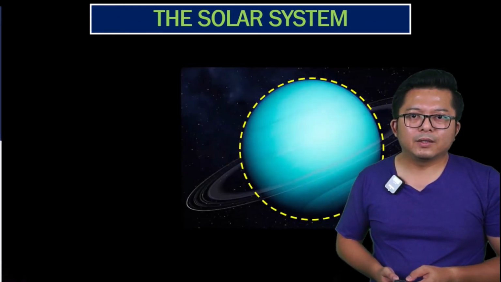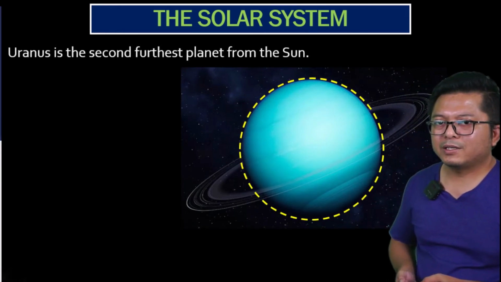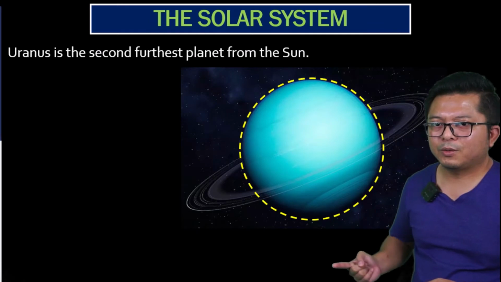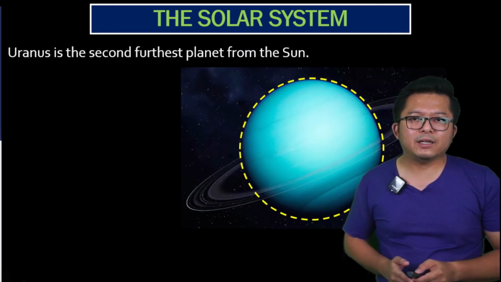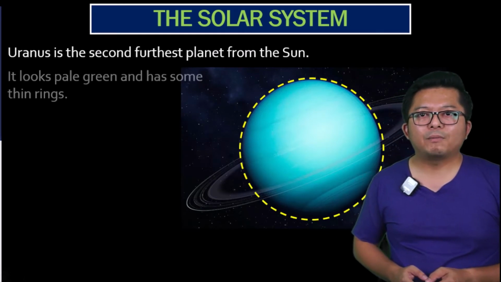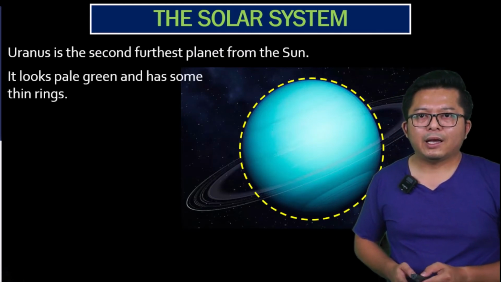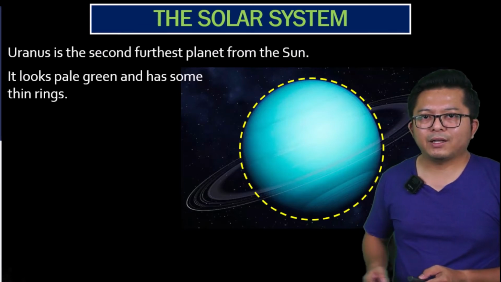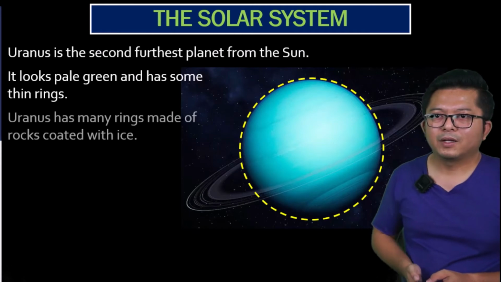Next, this one is called Uranus. Uranus is the second furthest planet from the sun. It looks pale green and has some thin rings. So these are the thin rings. See? Here it's thin.